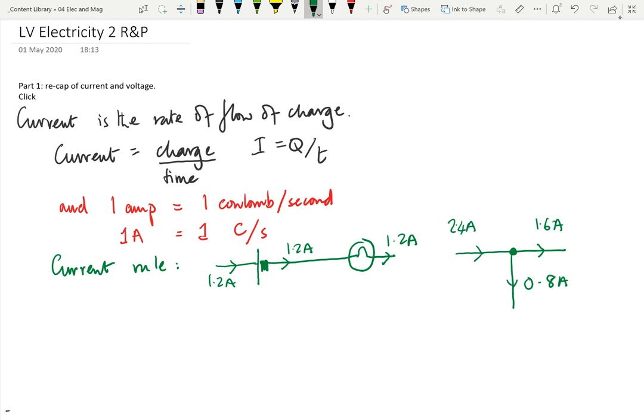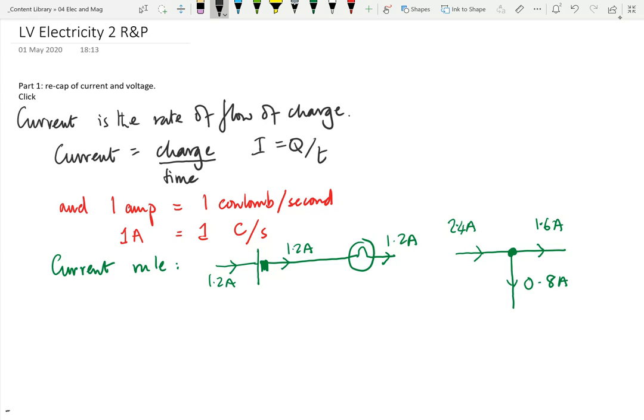Now, at the moment, we don't know how to work out whether it's going to be 1.6 and 0.8 or what, but this is a very fundamental rule that the current into a junction equals the current out of a junction in total. So in this particular example, I've only got one current coming in, it's 2.4 amps, but I've got two currents coming out. So 1.6 plus 0.8 must equal 2.4. So that's the first bit of recap.